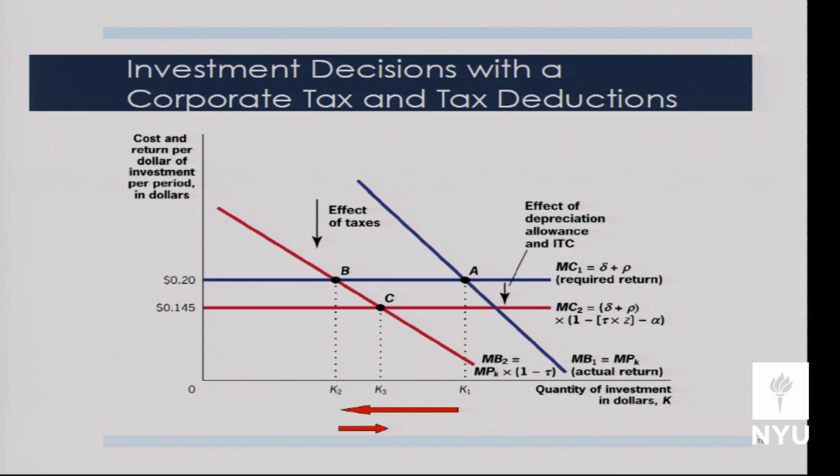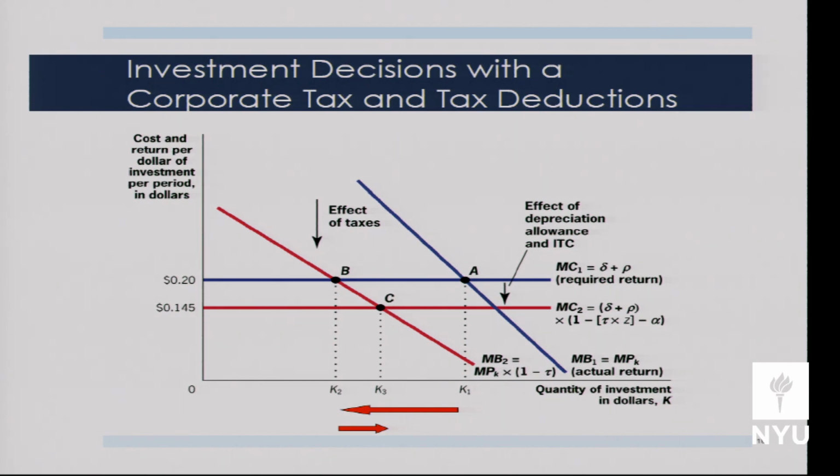That's the effective tax rate. So it would be 20 cents minus 14.53 divided by 20 cents. The effective tax rate here is positive. There is a tax on this good. Because we know that the K level is lower than it was before.